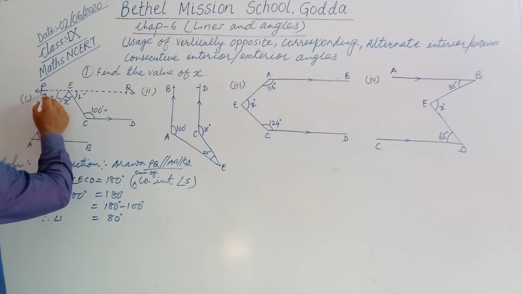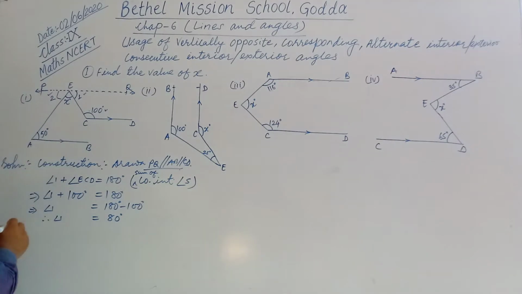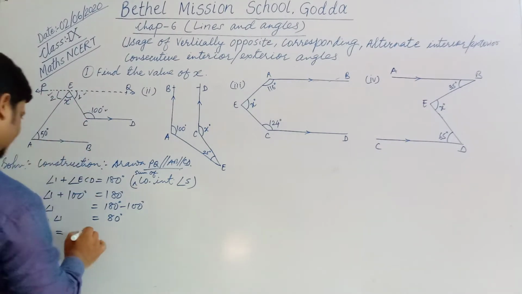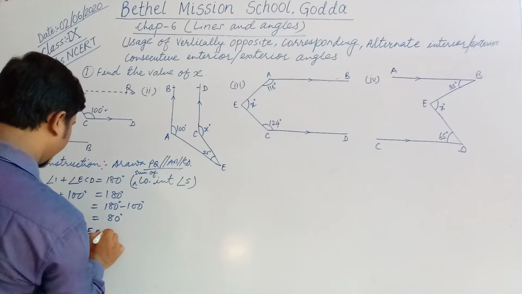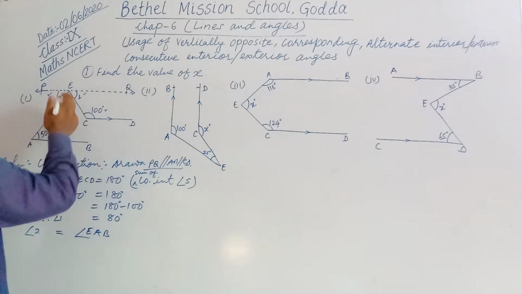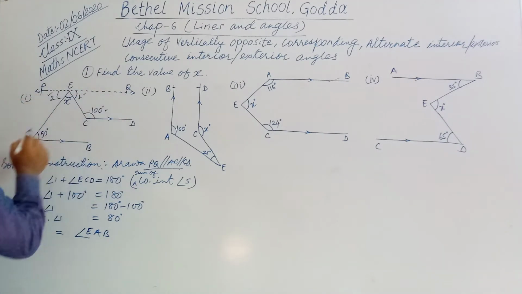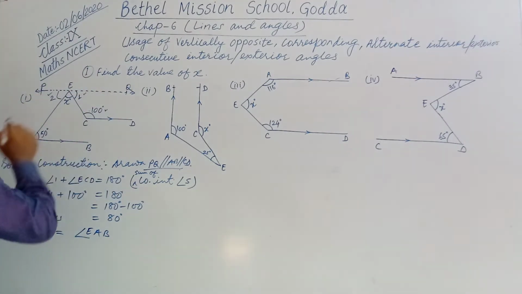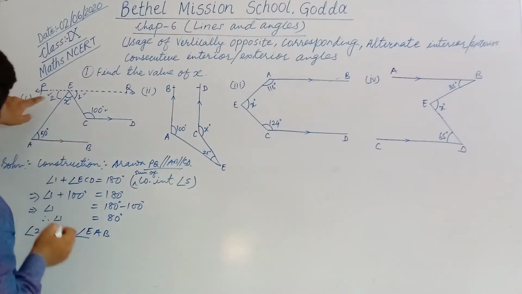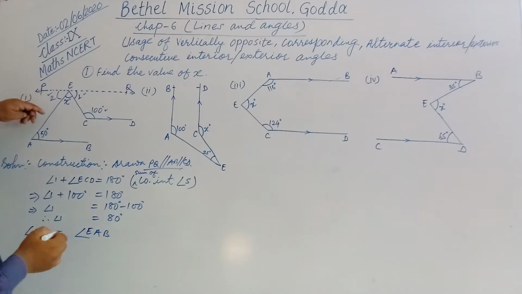Now we will find angle 2. Angle 2 is equal to angle EAB. And you know PQ is parallel to AB and EA is the transversal.